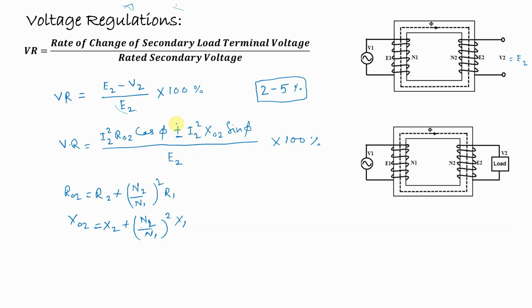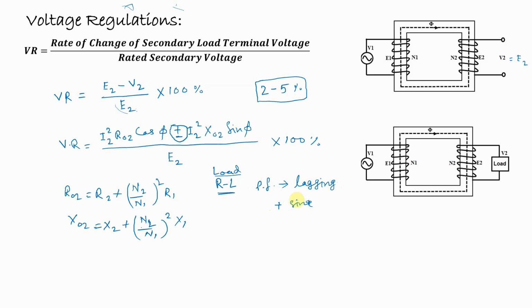Here you can see that we use a plus or minus sign. So when plus and when minus? It basically depends upon the nature of the load. That means when the load is resistive inductive, we know that the power factor becomes lagging. And for lagging power factor, we will use the plus sign.